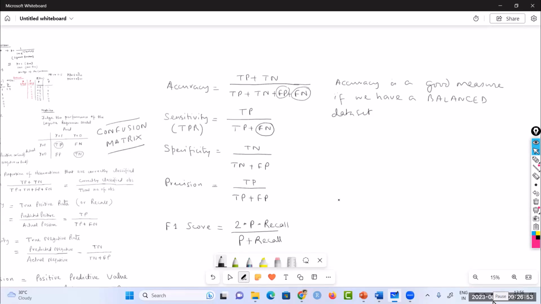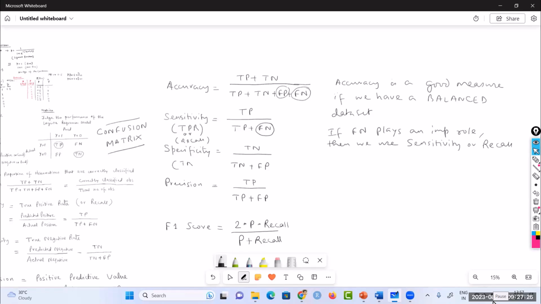So if false negative plays an important role, then we use sensitivity or recall.